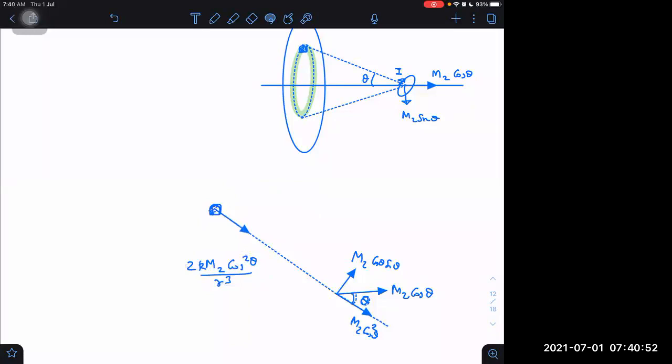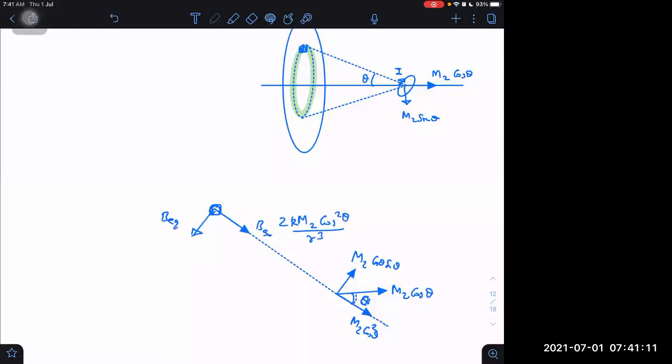That is B axial. And what is B equatorial? That will be in the opposite direction. This is B equatorial. What is the equatorial formula?